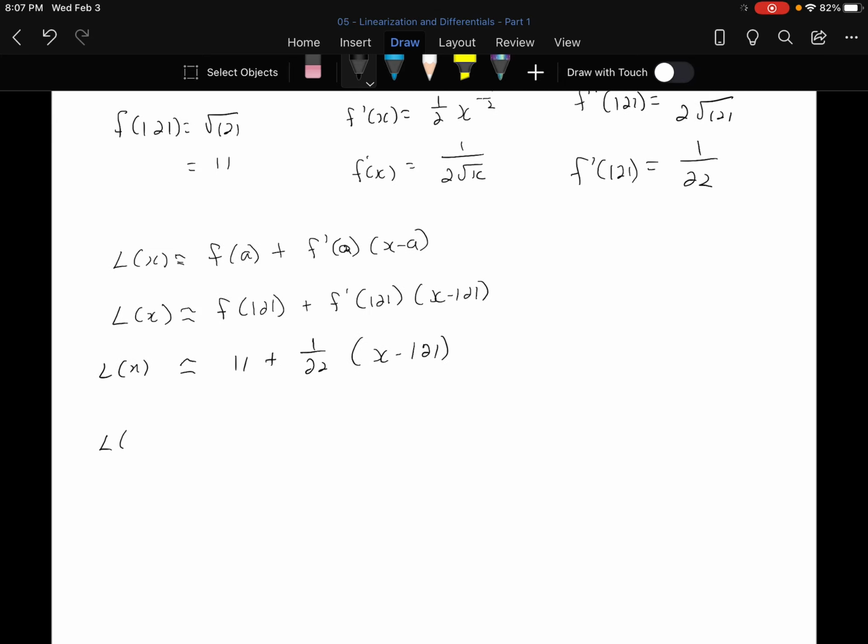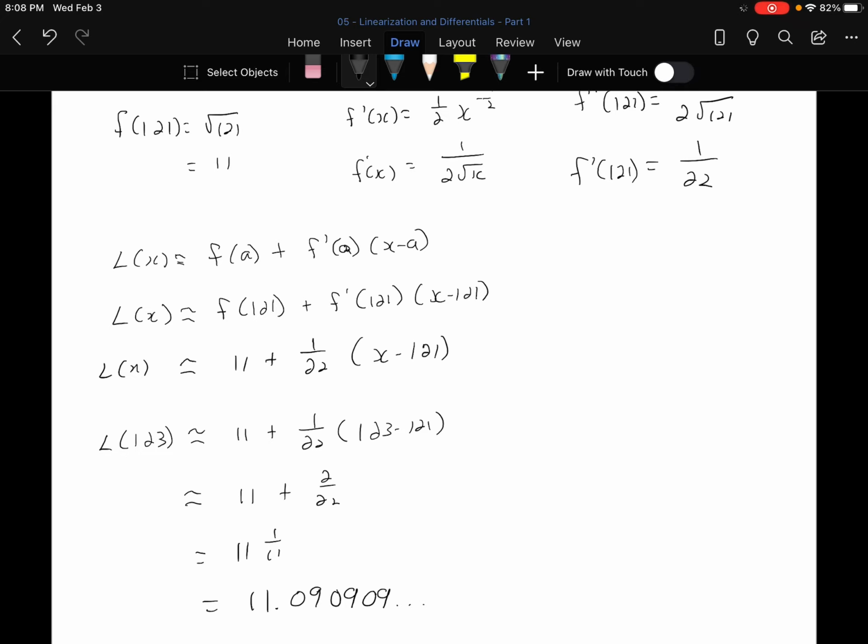I want the linearization at 123, and so I need 11 plus 1 over 22 times (123 minus 121), and I get 11 plus 2 over 22, and I actually get a nice fraction here, 11 and 1/11, but let's get it down to a decimal. Punch that in your calculator, and you get 11.09 repeated.